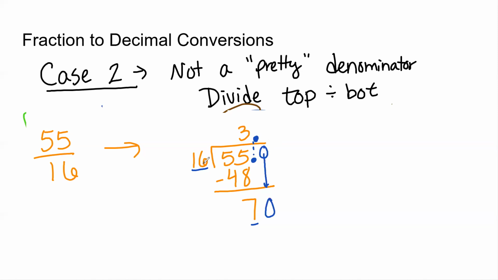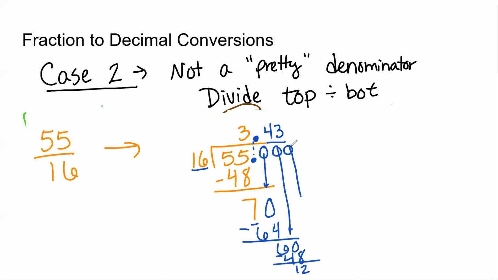There we go. 16 goes into 70 4 times. 16 times 4 is 64. That's a 6. Add another 0. 16 into 60 is 3 times. That's 48. Subtract, that's 12. 16 doesn't go into 12. Add a 0. 16 into 120.